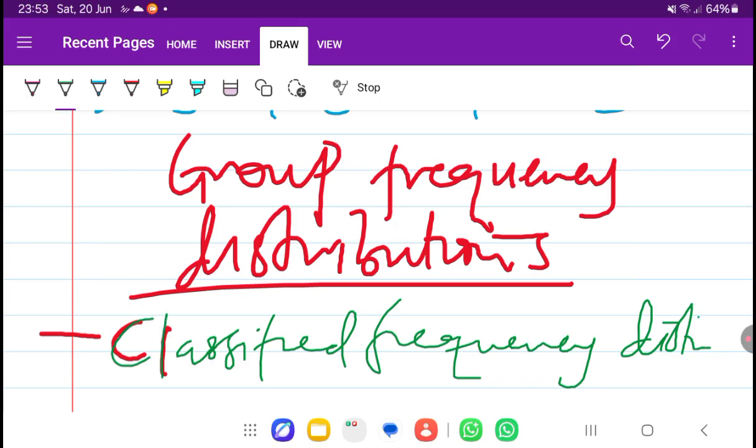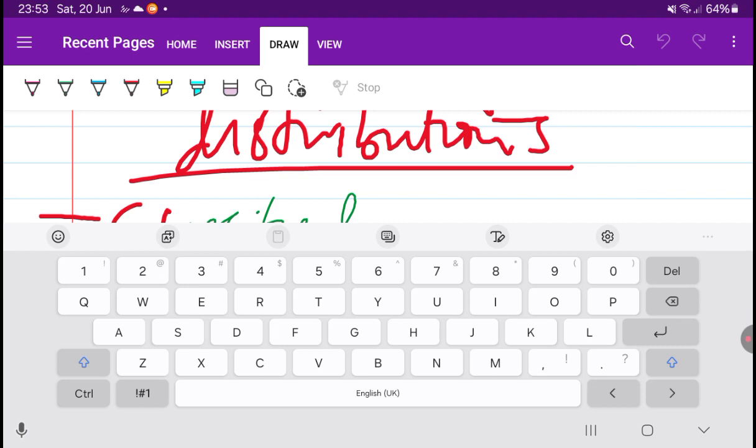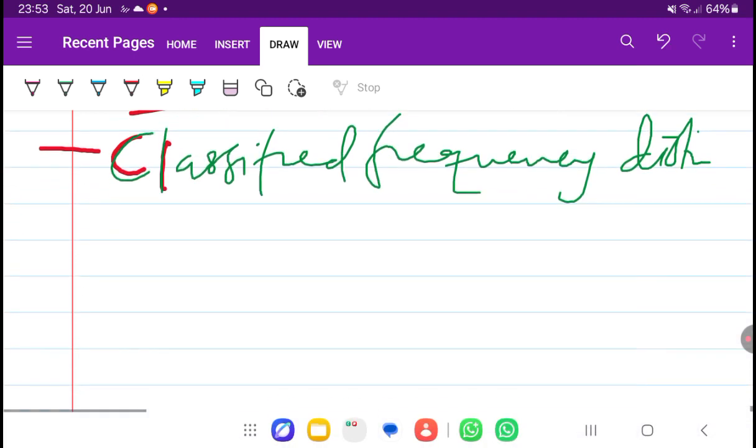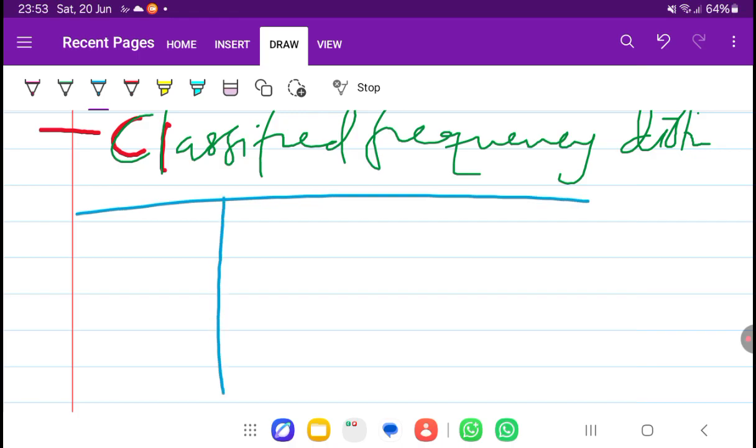Because we are going to introduce what we call classes, where we shall have information regarding certain classes, whereby we are going to have a table. We can have a table, and maybe these are classes, and here we have the frequency.